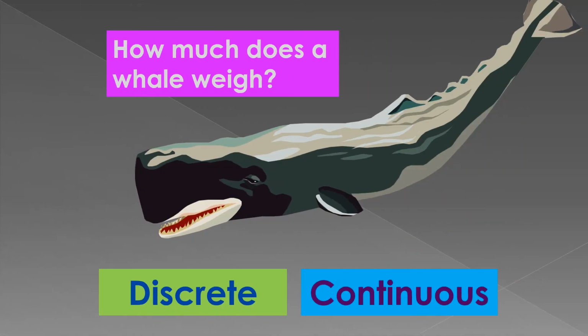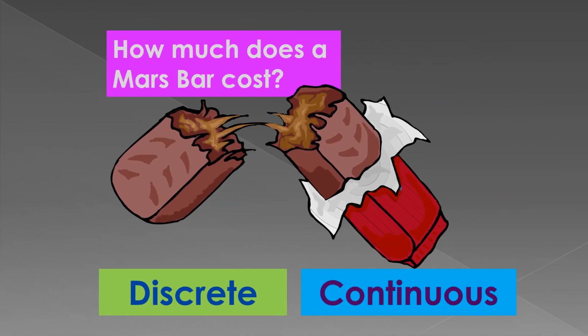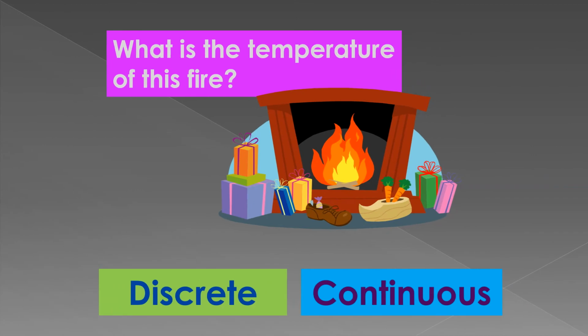How about how much does a whale weigh? Correct, it is continuous. Now, how much does a Mars bar cost? Of course, it is discrete. It's all about money. What is the temperature of this fire?